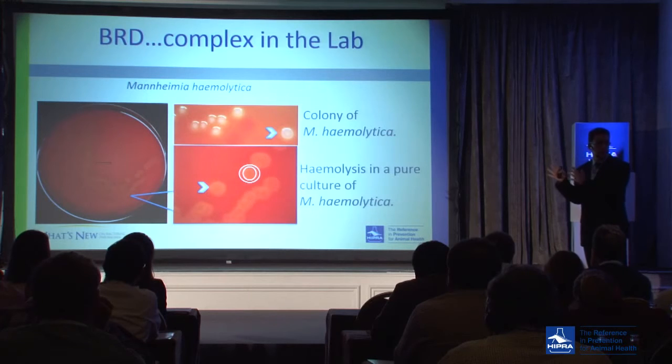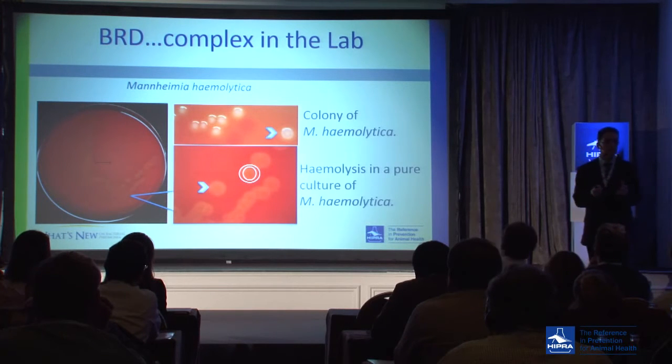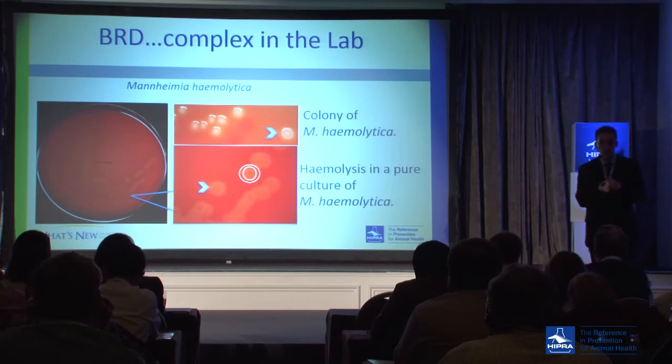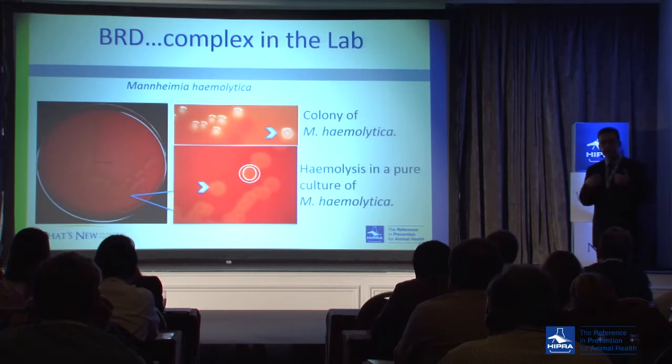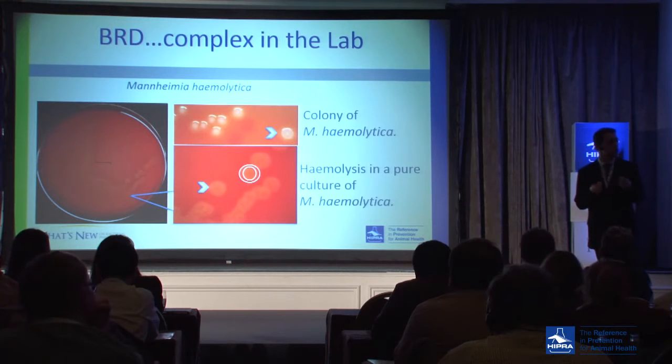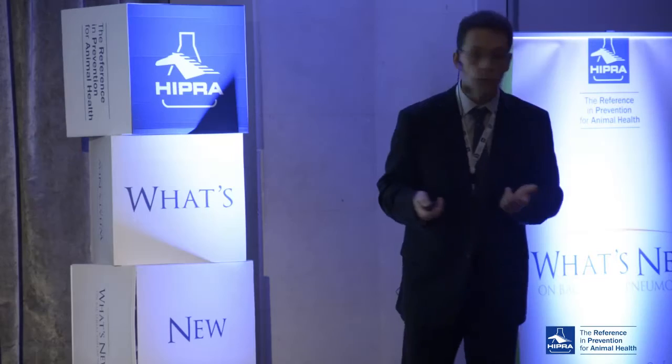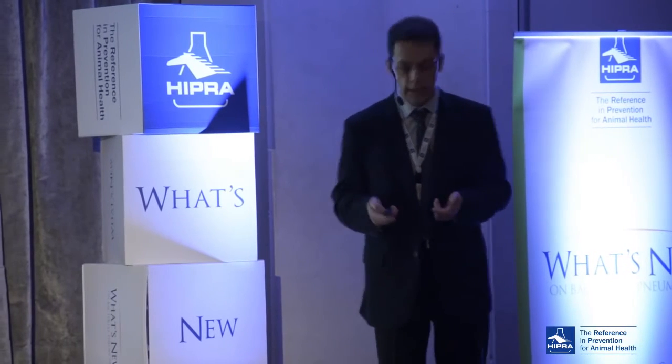What is the hemolysis in this case? The hemolysis means that the erythrocytes in the agar plate, in the blood, are destroyed. And they are destroyed because the bacteria release a sort of toxin that destroys the erythrocytes. That's why we see the hemolysis.